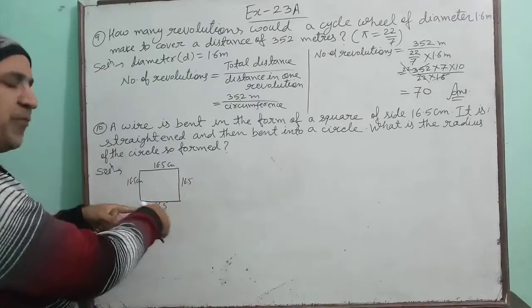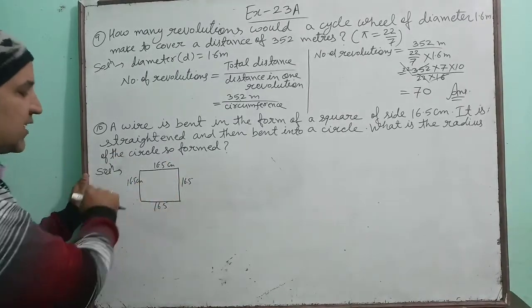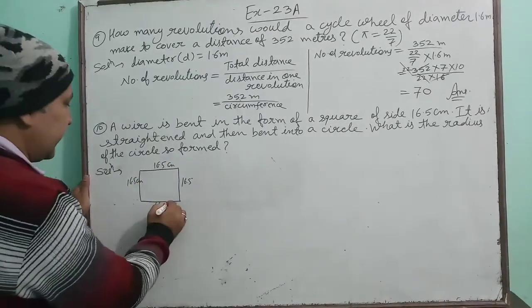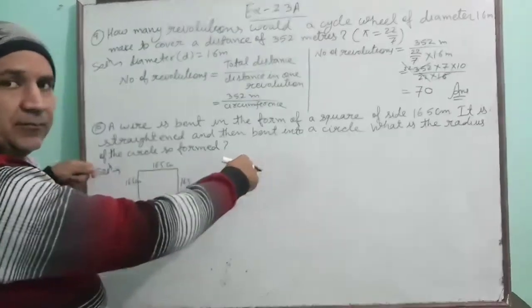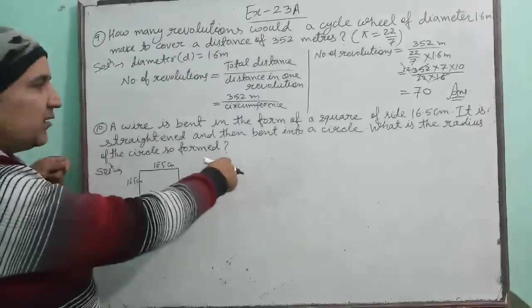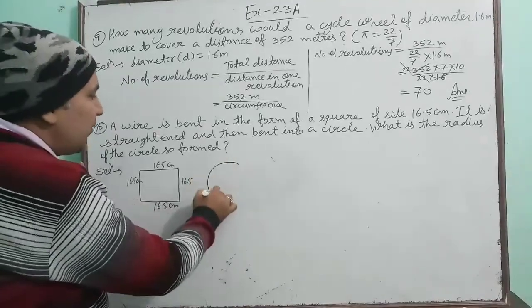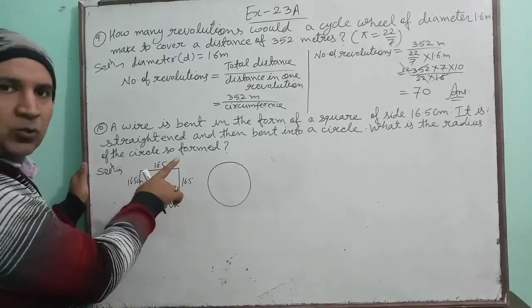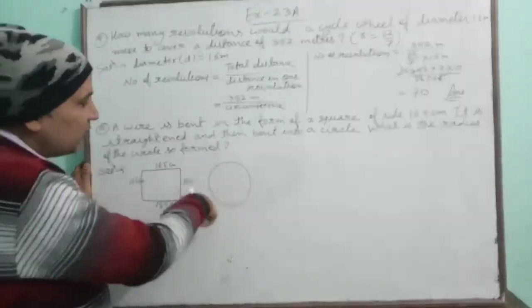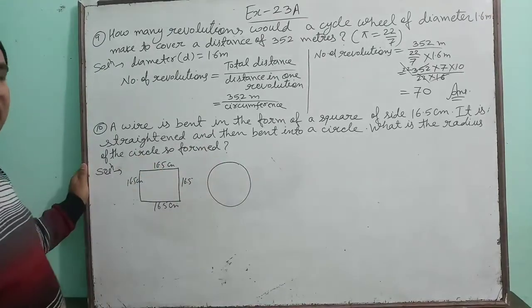Wire is bent in the form of a square and having the side 16.5 centimeter. Now this wire is straightened and bent in the form of a circle. This square is opened and converted in the form of a circle.